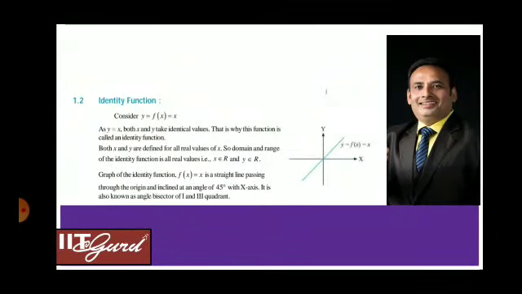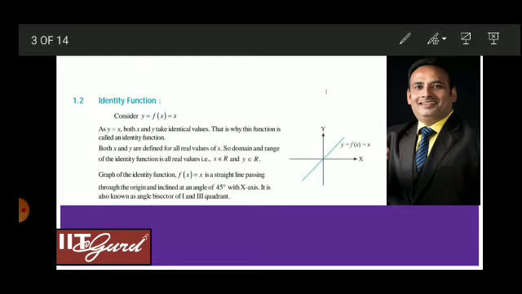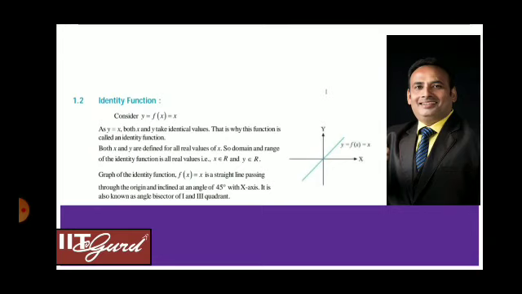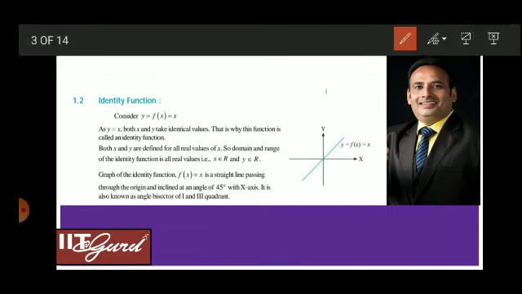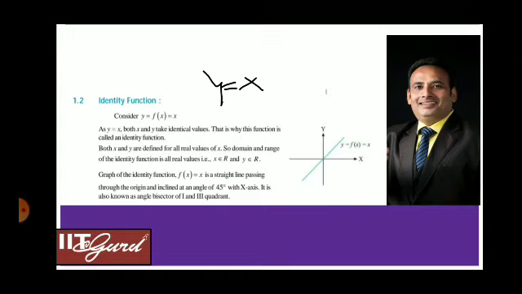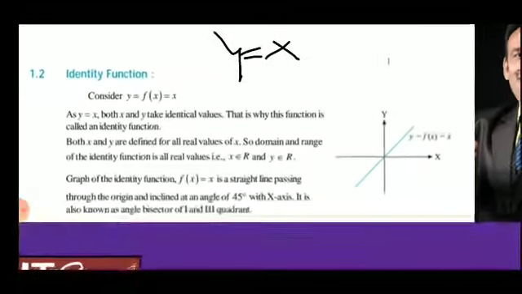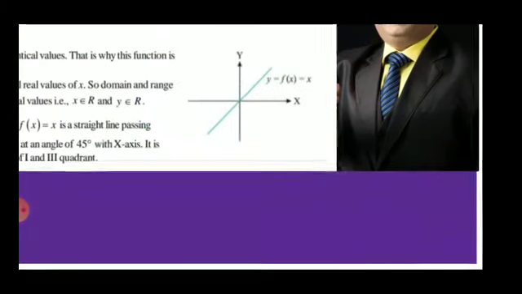Identity function. The identity function is y equal to x, which is simply a straight line. A straight line making an angle of 45 degrees from the positive x-axis is called the identity function. It means at every x you will find the same y.